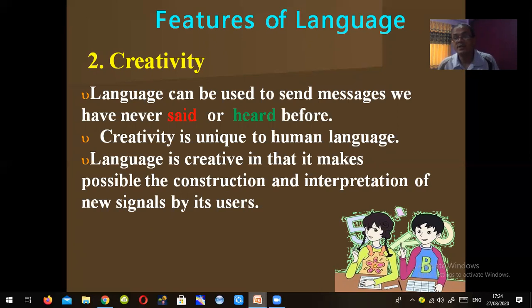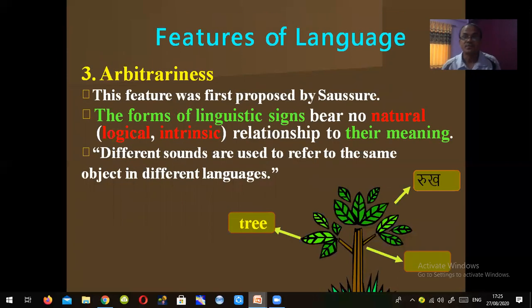Even the meaning of basket in our context and a foreign context will have different meanings. So people will interpret that on the basis of their experience, their understanding, their knowledge, and so on. So there should be creativity in language, not the repetition of the same thing.